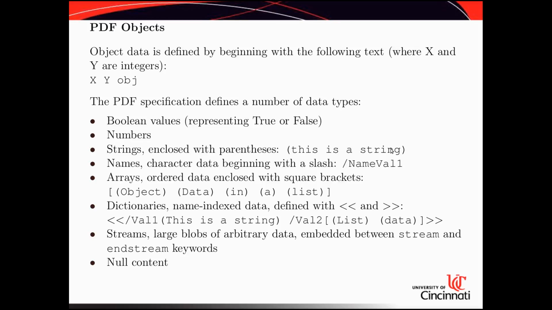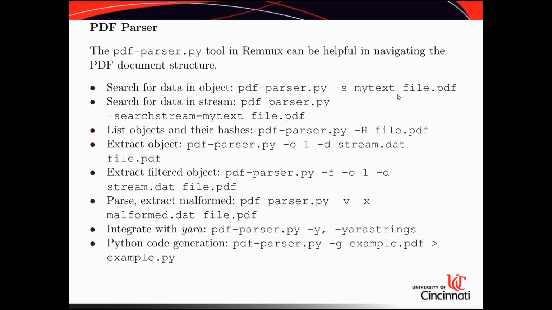If myText was in here, it would match, and it would tell you what object actually had that text in it. You could use that for further programming to extract that object or perform some analysis. This is also useful from a feature extraction perspective.